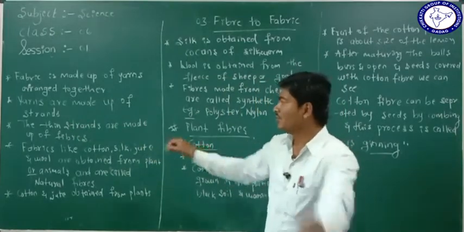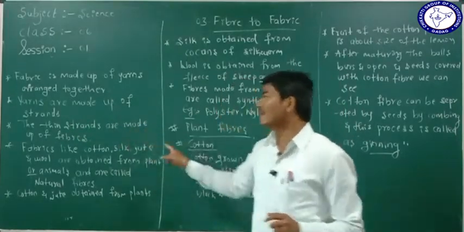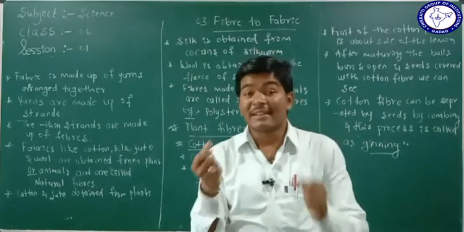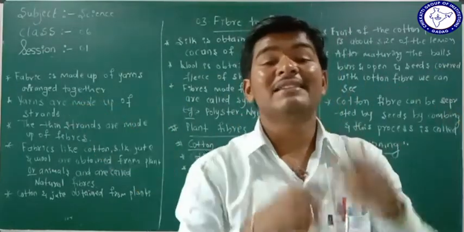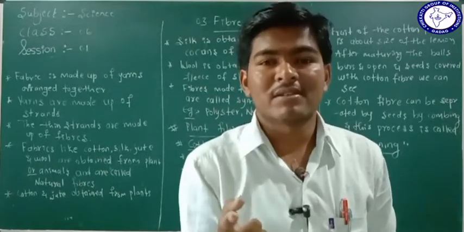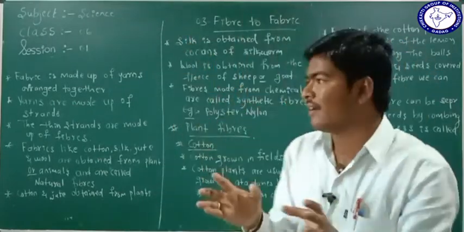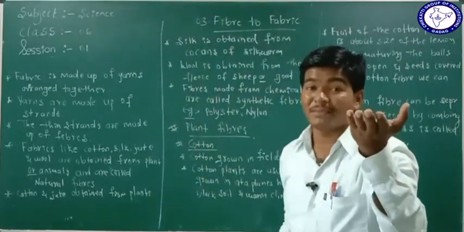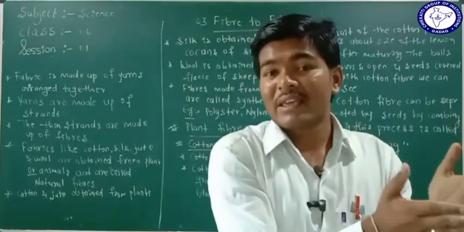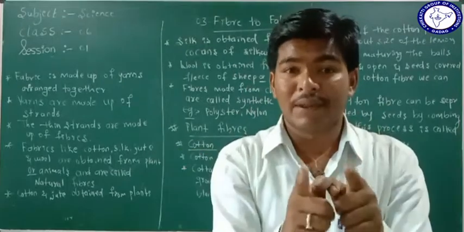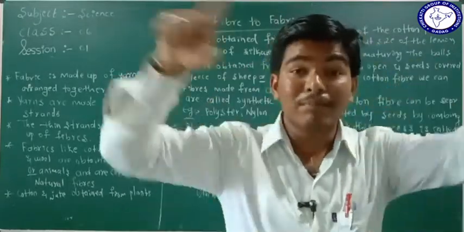Have you understood? And these strands are made up of fibers. The strands present on the yarn are made up of fibers. See clearly here, a fabric is made up of yarn. The continuous arrangement of the yarn gives us a fabric, and that yarn is made up of strands.